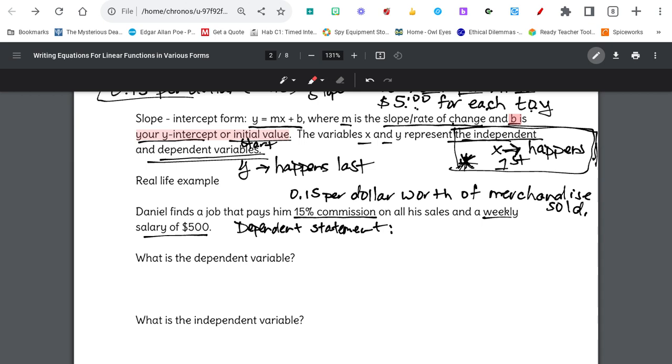If he doesn't sell anything, he doesn't really get a whole bunch of money. If he sells a lot, Daniel can make a nice paycheck. I'm just putting Daniel's money depends on what he sells. Or depends on his sales. Let's do it that way.